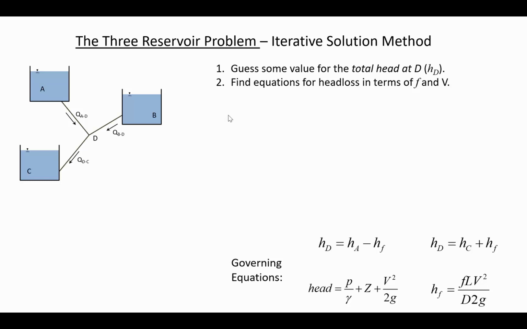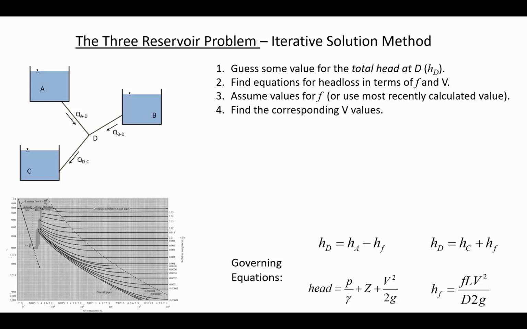Then we're going to use these equations for head loss in terms of f and V. So we'll use the Darcy-Weisbach equation or Hazen-Williams as appropriate. In our first part, we have to start with an assumed value of f, or if we're already going through this iterative cycle, we use the most recently calculated value from the previous iteration.